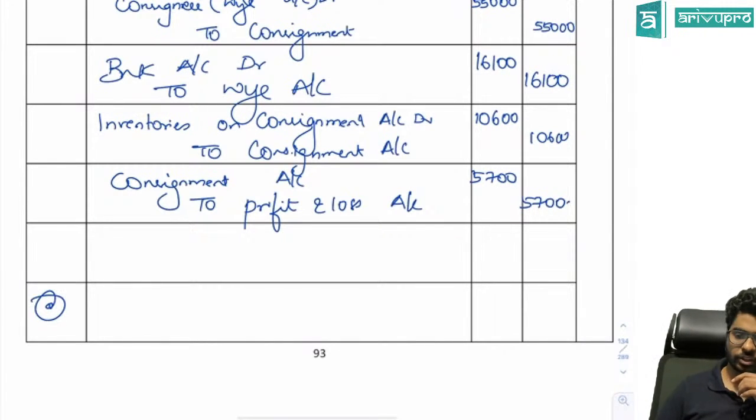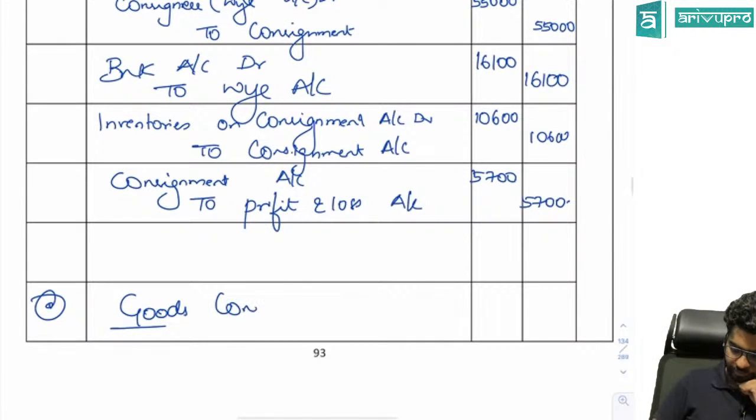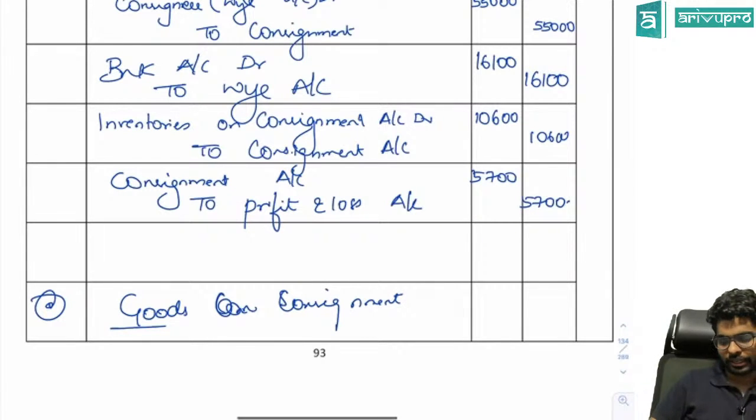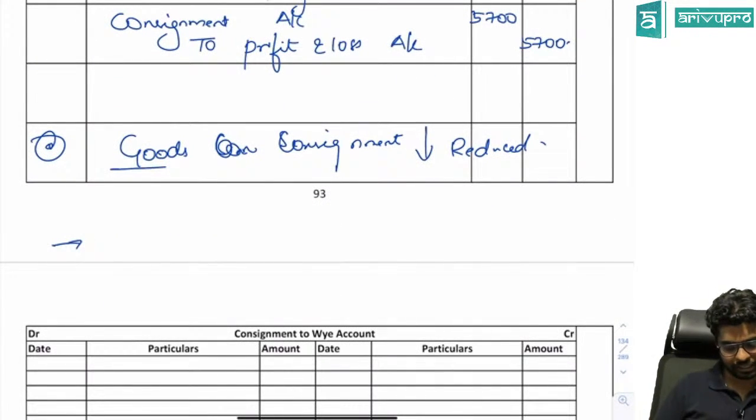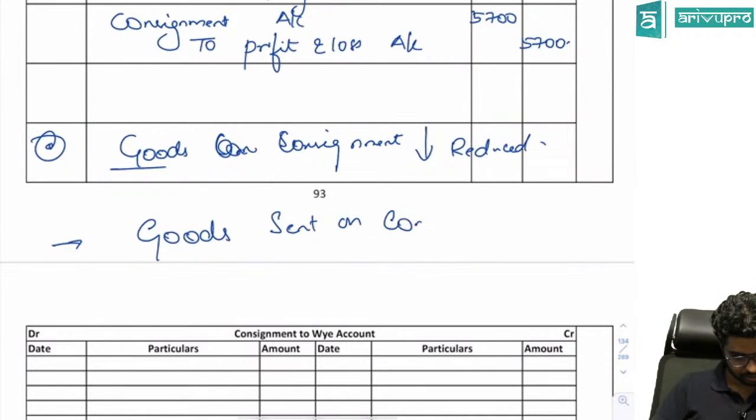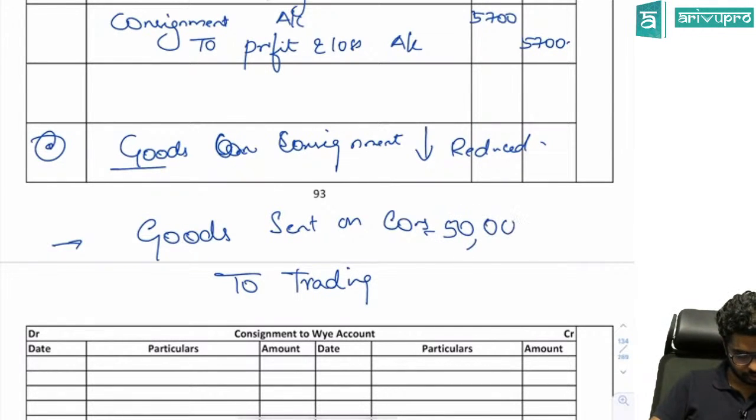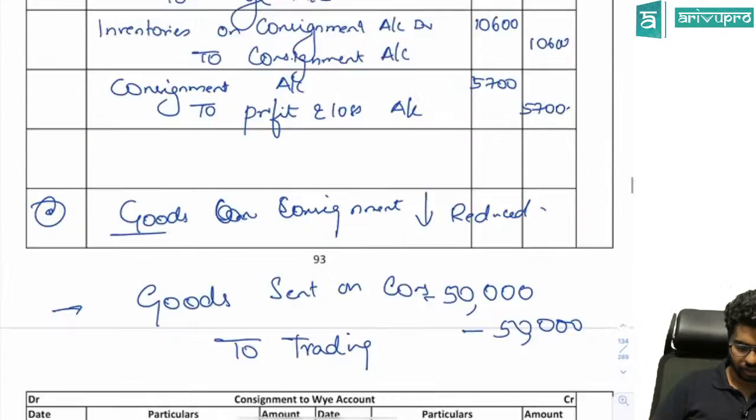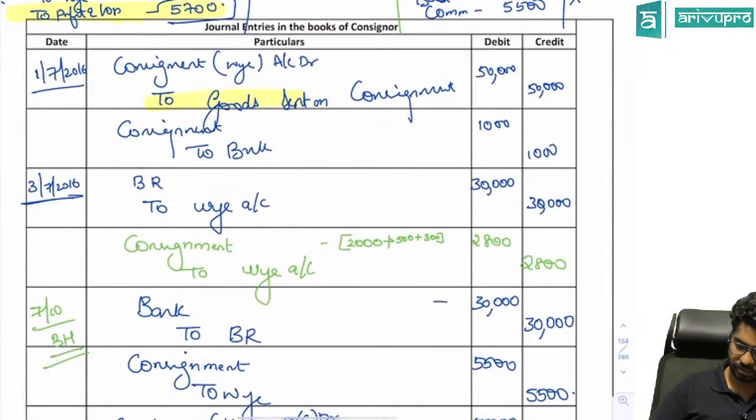Last one, what you need to do is, at the end of the year, I told you whenever you are sending goods on consignment, it gets reduced from the purchases. Therefore, you should be passing an entry as this: goods sent on consignment to trading account, 50,000 and 50,000, to close the first entry which I have passed.